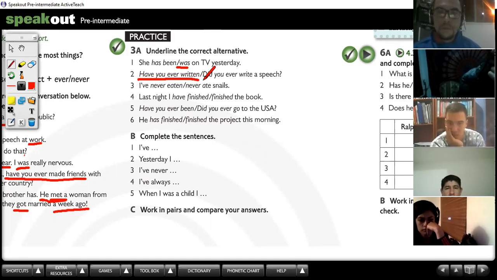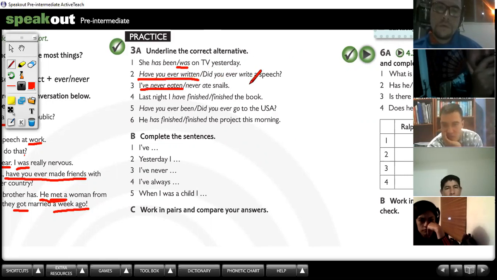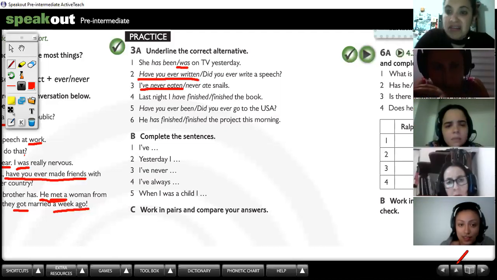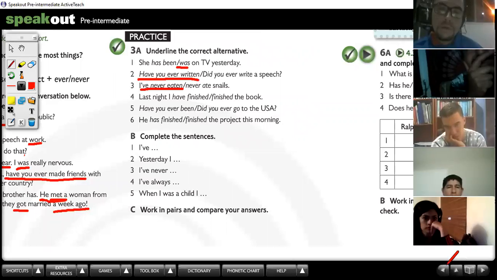Never eaten. This is a contraction of have, right? I've never eaten snails. So far, I don't know what is going to happen in the future, but since I was born until now, I haven't eaten snails, right?